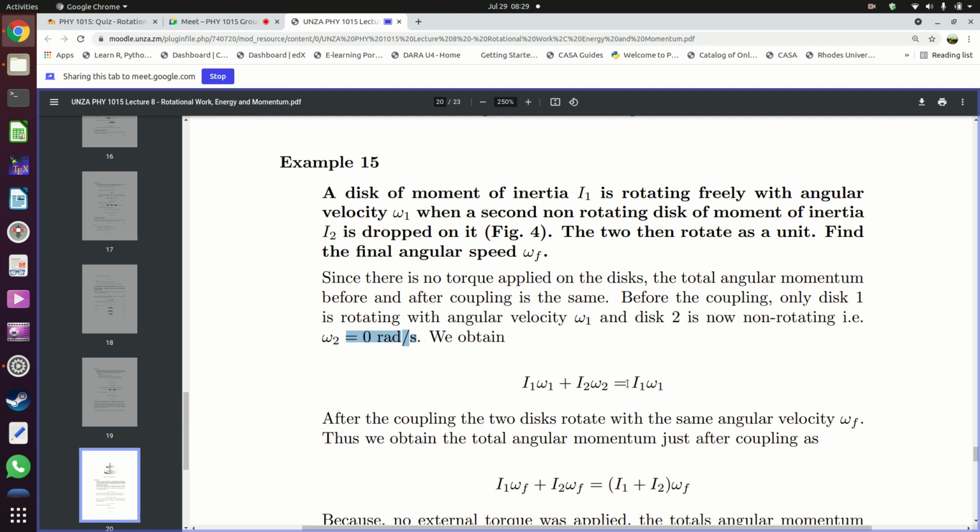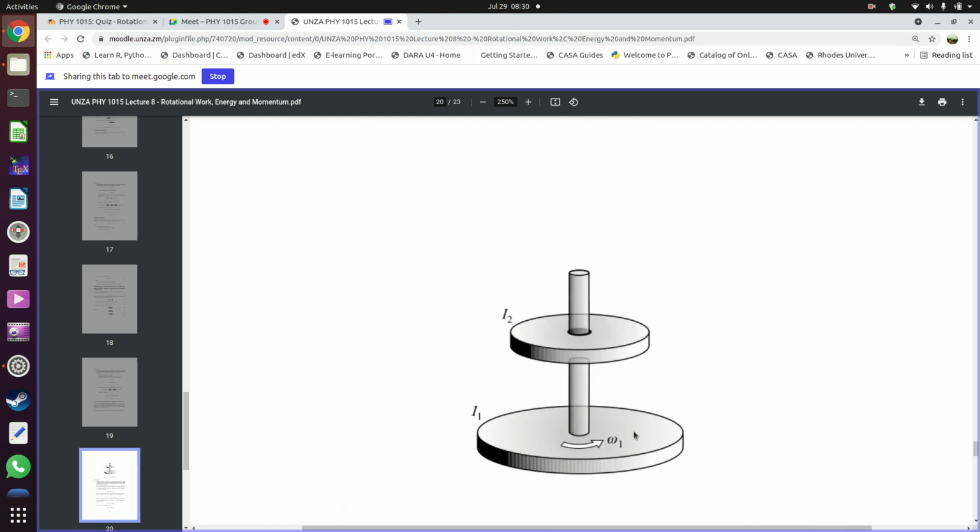What we have here, moment of inertia 1 multiplied by omega 1, is the total angular momentum before coupling. The angular momentum is due to only the first disk with its moment of inertia, I1 multiplied by omega 1.